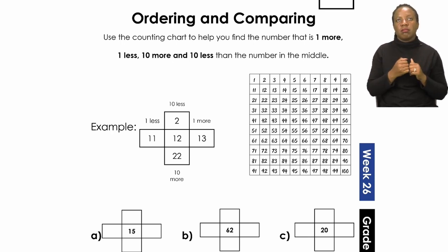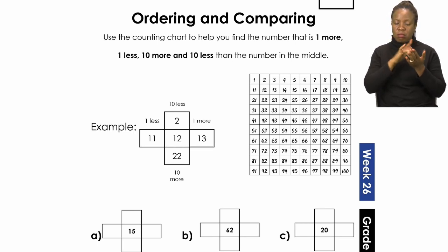Now in the example, remember, we always focus on the number in the middle. Can you tell me what is the number in the middle? That's right, everyone. It's the number 12. Now you will see there are 4 blocks around the number 12.